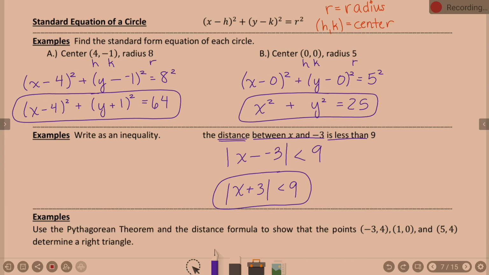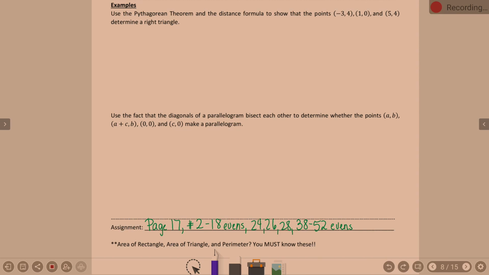Our bottom section is going to go back and talk about the distance formula and midpoint formula, examples of ways to use those. The top one: use the Pythagorean theorem and the distance formula to show that these three given points determine a right triangle.